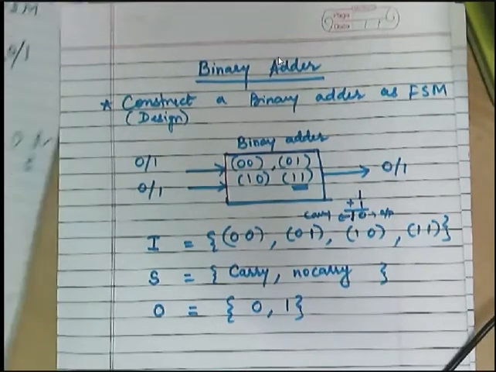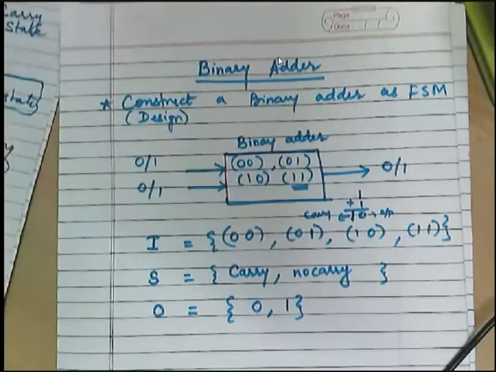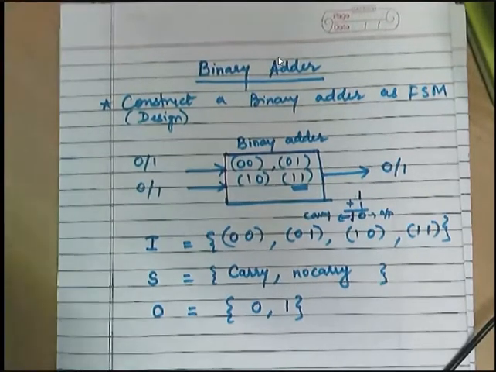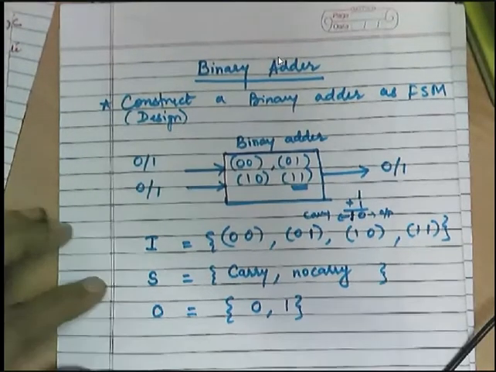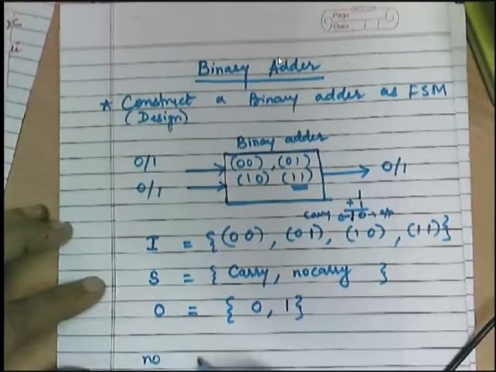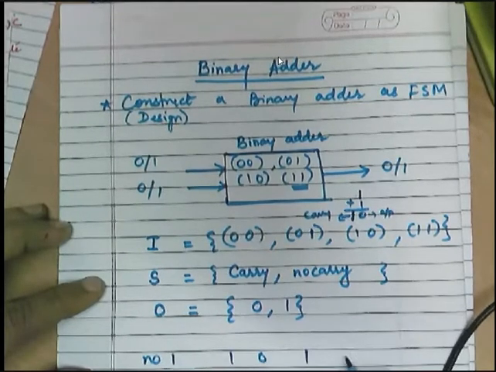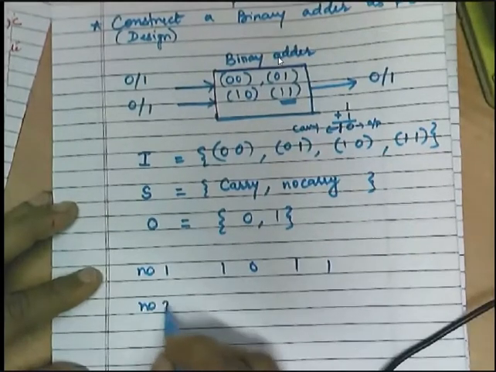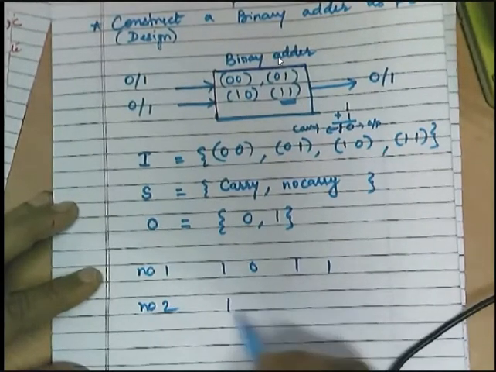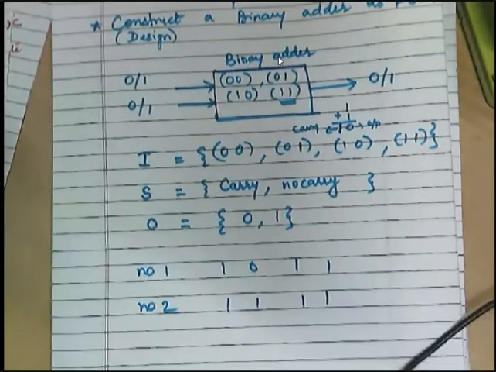To understand this, we can have an example. Suppose there is one number, 1 0 1 1, and I want to add it with the number 2, which is 1 1 1 1.